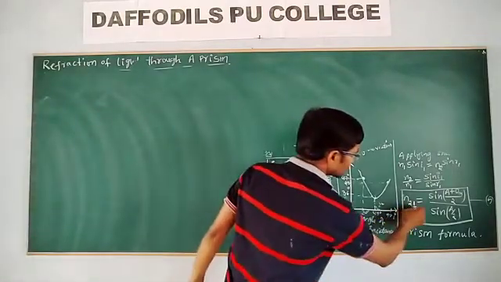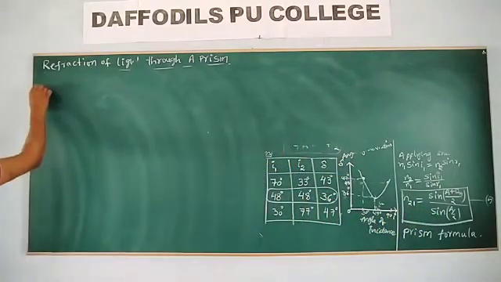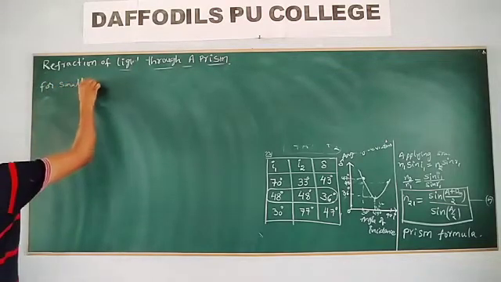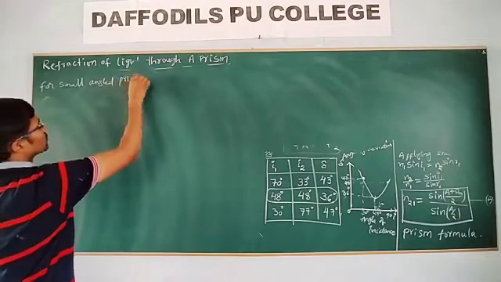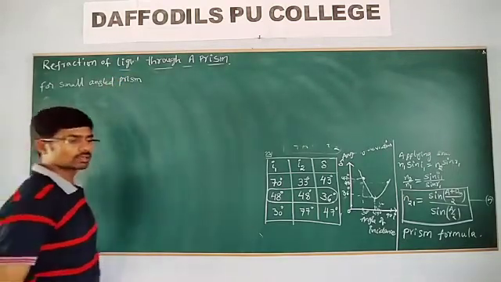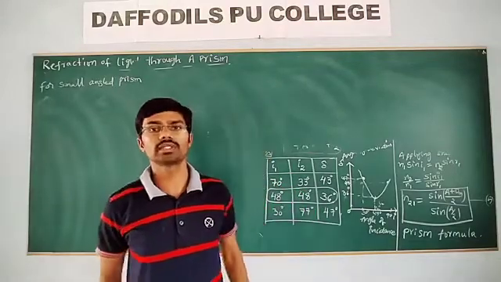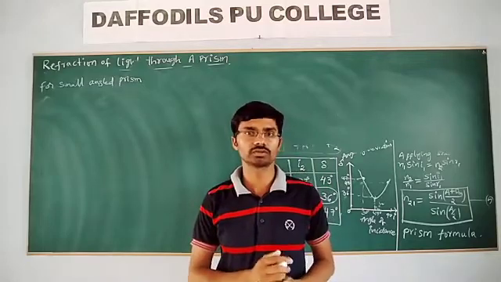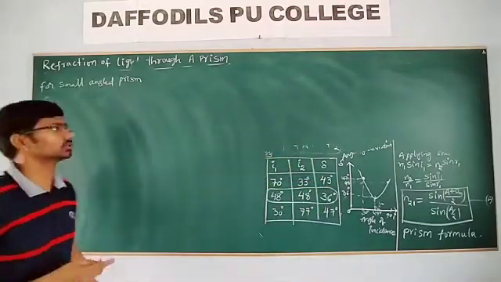But let me first discuss what the deviation would be for a small angle prism. We know already that for small angles, sin theta is equal to theta and tan theta is equal to theta. That means for very small angles, you can take sin theta is equal to theta.